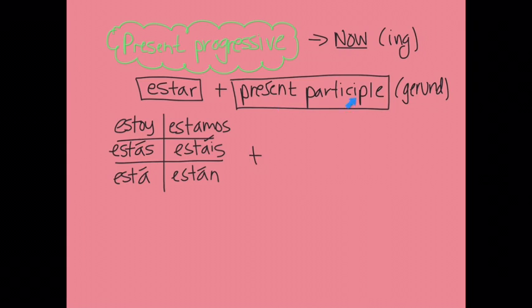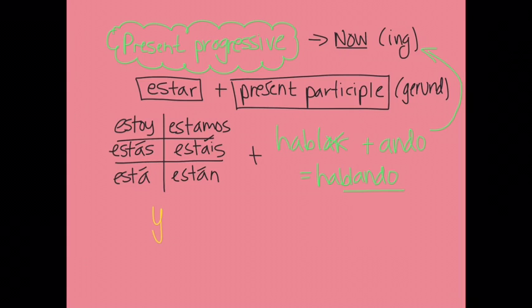Now to get the ing form, the present participle of the verb, well, we already learned for AR verbs, so let's take hablar. You get rid of the ending, and to get the ing, you add ando instead. So the full form would be hablando. Now we can't just use that by itself because it doesn't make sense. If you say yo hablando, it's I talking, not I am talking.